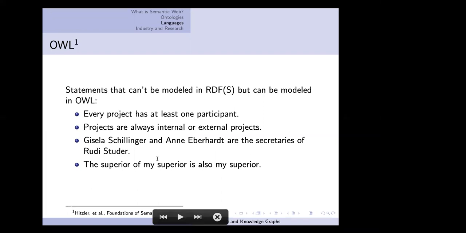We can say that a subgraph is defined by a specific node, like these two people here are secretaries of another person, but also that the superior of my superior is also my superior, which means that we are inferencing information based on subclassing, as we've seen.